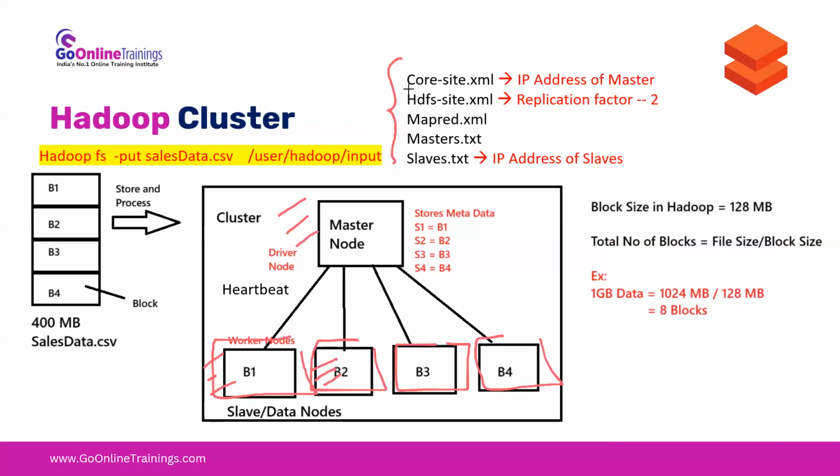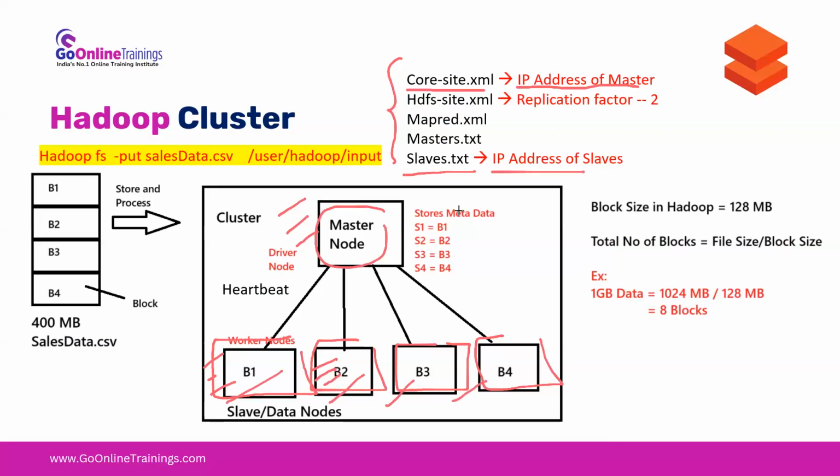So you go to core-site.xml. If you mention the IP address of a master computer, or the driver computer, that is how it works. If you go to any machine and open core-site.xml, you have to provide the IP address of that machine that will be acting as the master node. Clear? And in slaves.txt, you mention the IP addresses of the slaves. Slaves means data nodes.